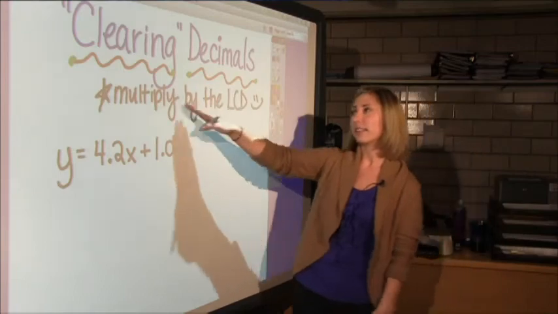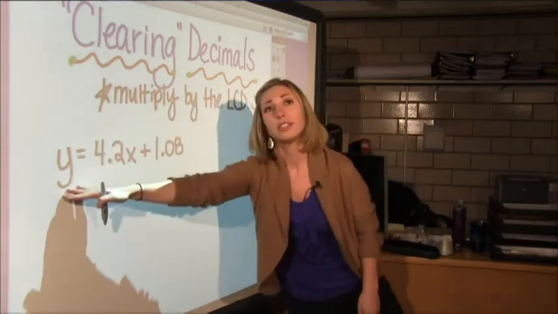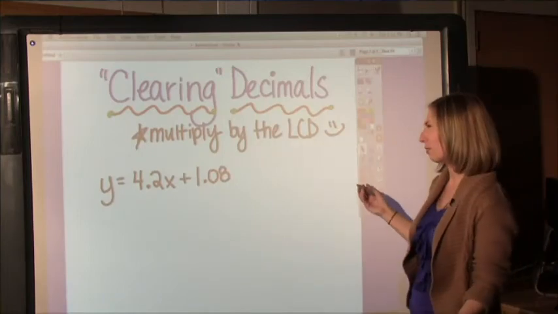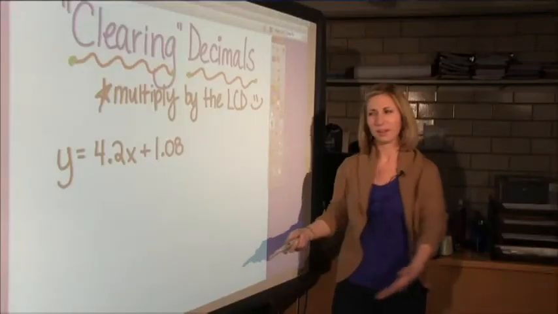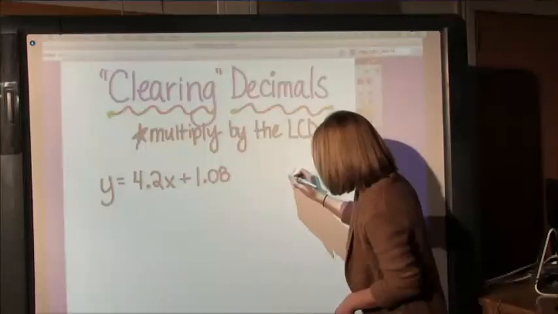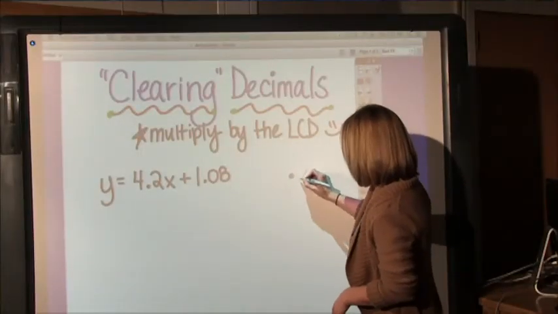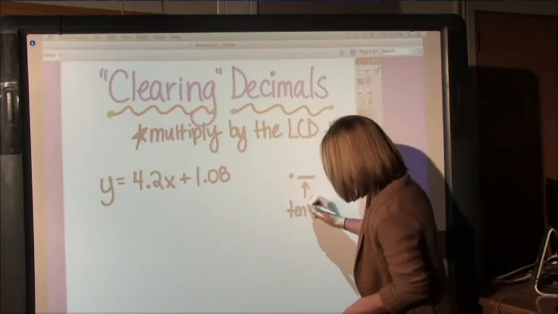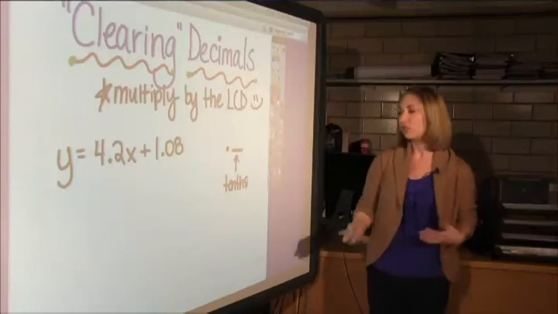It's the same idea as clearing fractions, where you multiply your entire equation by the least common denominator. Well, you might ask, what's the denominator? We have decimals. When you think of a decimal, here's our decimal point. Whatever number is to the right of the decimal, this is the tenths place, and that means just that.